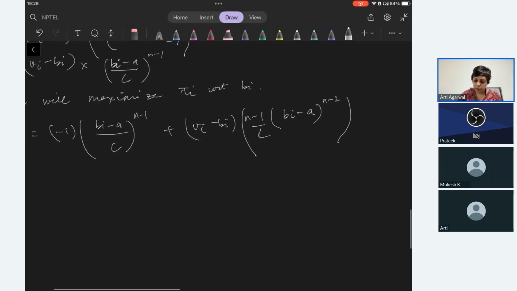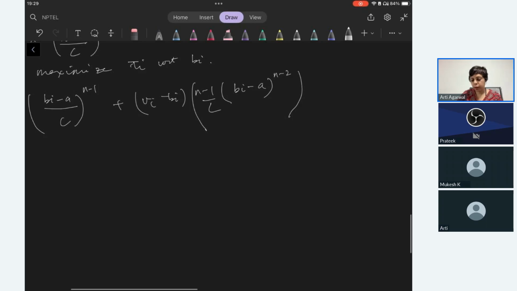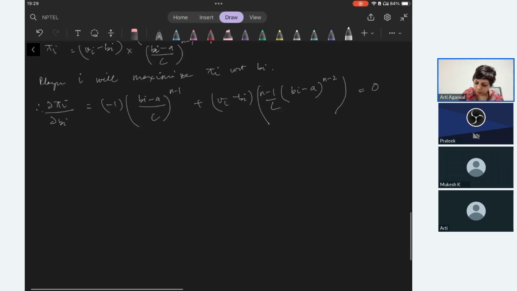So this is a very ugly expression. We just need to equate it to 0, thankfully. There is some unpleasant algebra we need to do, but there is no getting away from it. Yeah, sorry, I missed the c there. So this is (bi minus a by c) to the power of n minus 2.